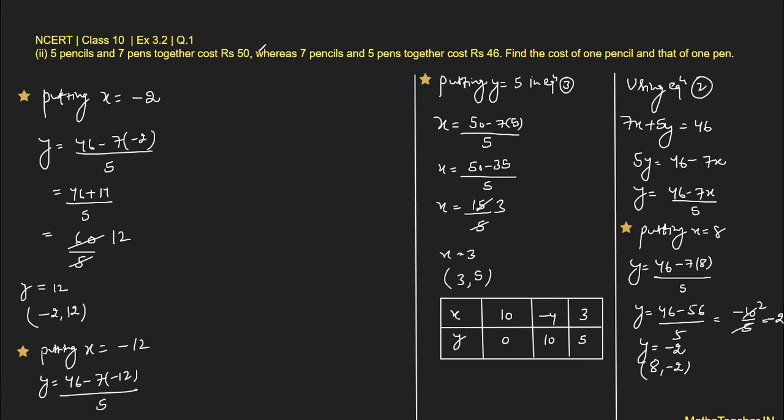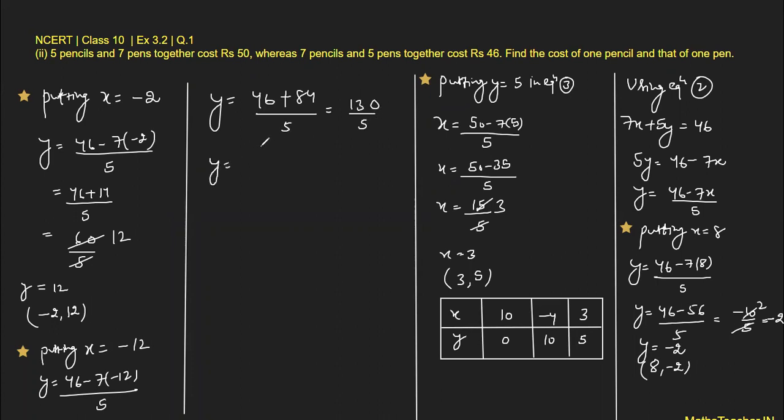So let me draw the line. y equals 46 minus minus, plus, 12 times 7 is 84. So this is coming out to be 130 upon 5, and y is coming out to be, we can cancel it out, 5 times 26 is 130. So it is coming out to be 26. So basically the solution is coming out to be minus 12 comma 26.